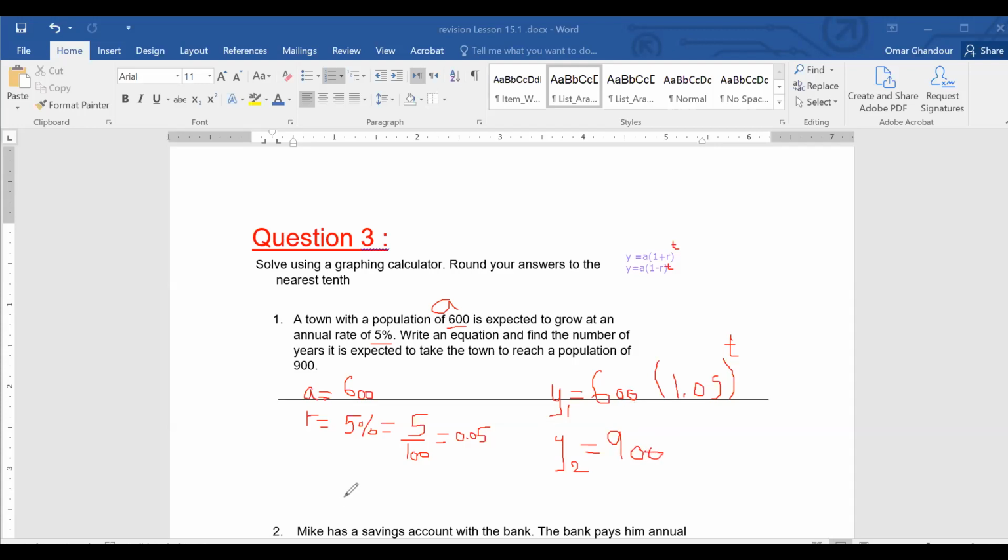So actually the equation was 900 is equal to 600 multiplied by 1.05 to the power of t. To solve this using the graphing calculator, I have to divide it into two equations. The first part includes the exponential, and the second part is y2 equal to 900. Then I should go to the graphing calculator and graph it. So let's go to the graphing calculator.